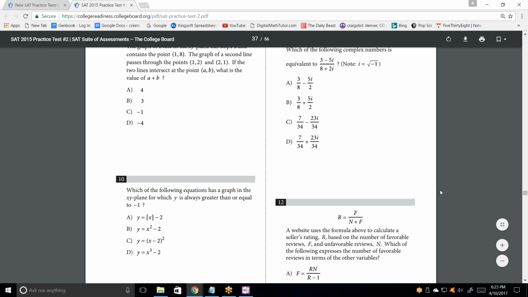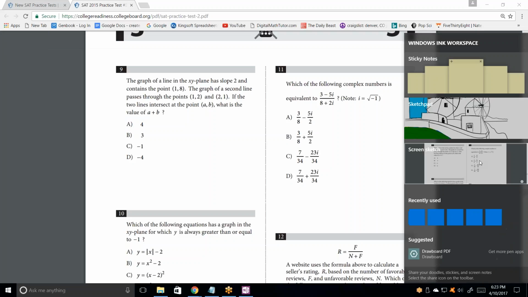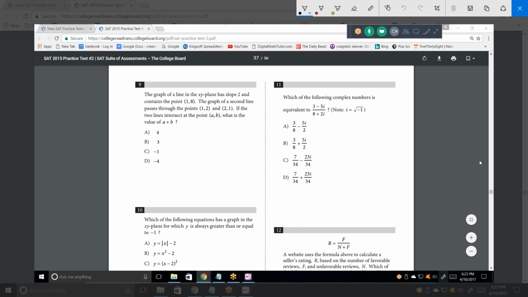How do you do 11? Is that a division problem? You have to multiply by the denominator's conjugate in order to get i out of the denominator.